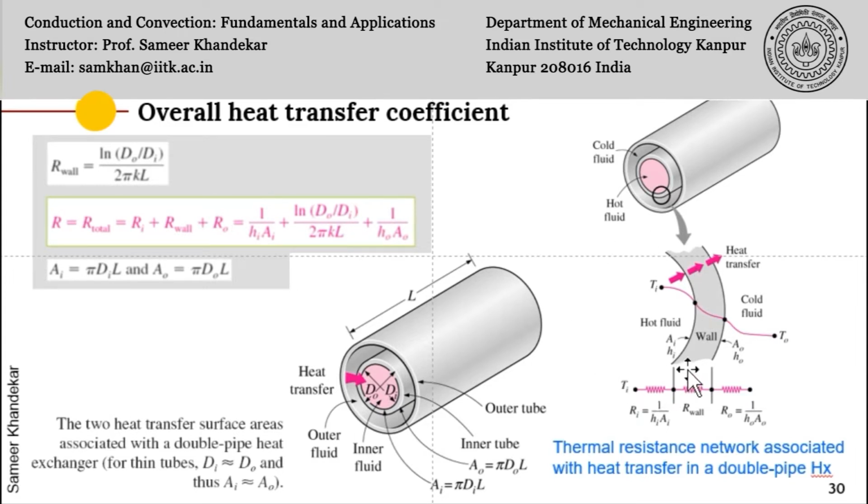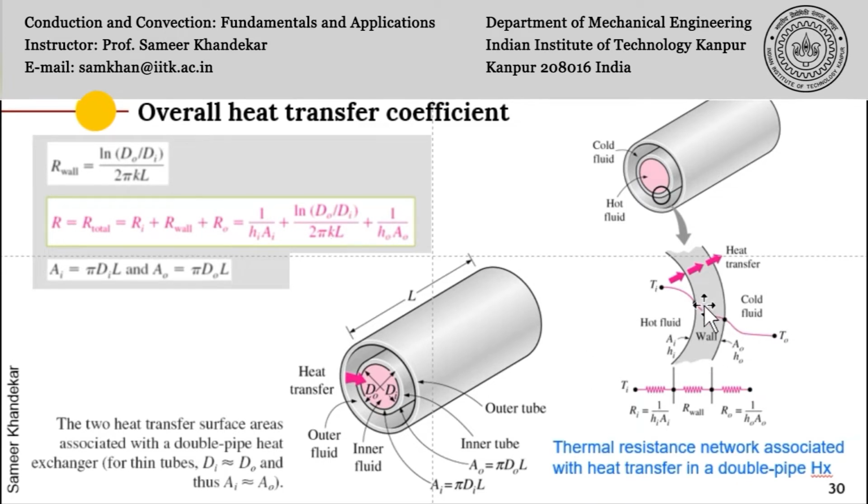So in many cases, the two heat transfer surface areas associated with the double pipe heat exchanger are such that di and do are almost the same, and therefore Ai and Ao are also identical, and therefore this diffusion resistance may be very small, almost negligible in many cases.